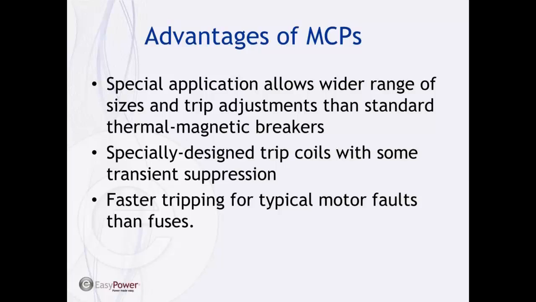There may be some bias there, since that test data comes from the circuit breaker manufacturers, but it does seem to make sense that if you have extremely high fault currents, like a bolted fault, the fuse is going to be perhaps faster than the breaker. And the fuse probably can have a higher interrupting rating. But for typical faults that you actually see in motors, the MCP can tend to be faster than the fuse.